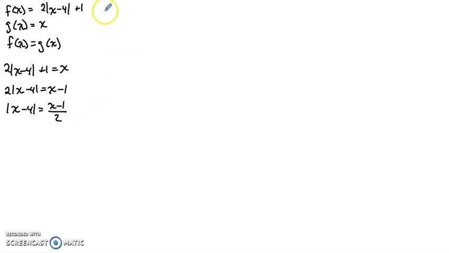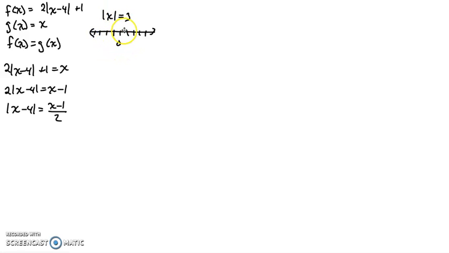At this point, let's remember something. If we have the absolute value of x equals 3, what that means is that x is 3 units away from 0. So let's picture this on a number line. So here's our number line. If this is 0, there's 1, 2, 3, 4, negative 1, 2, 3, 4.